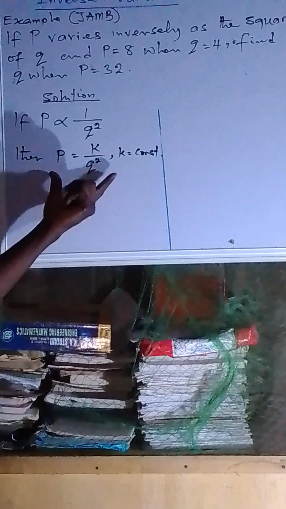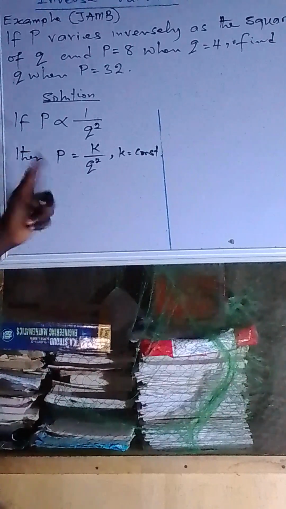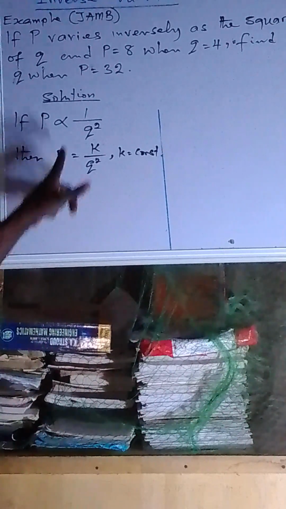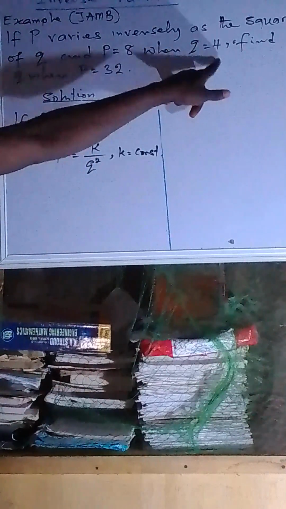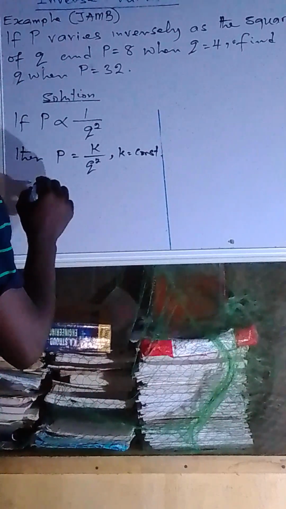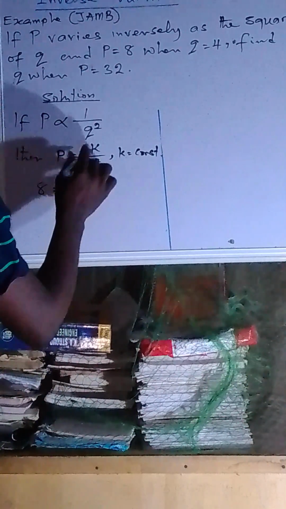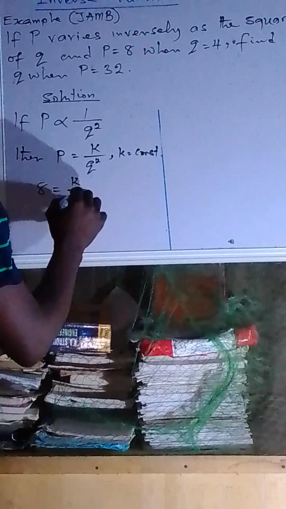All right. So from here, we get the value of the constant K. We substitute the value of P given in the question, which is 8, and that of Q, which is 4. We substitute it here, so we get our K. So we have 8 equals to K all over Q square, Q is 4, that's 4 square.